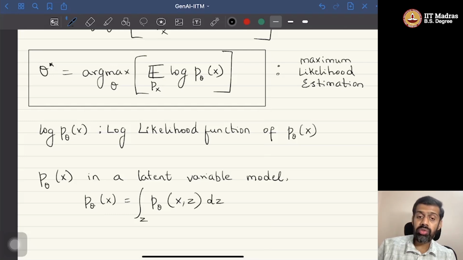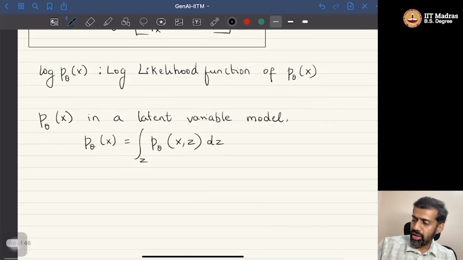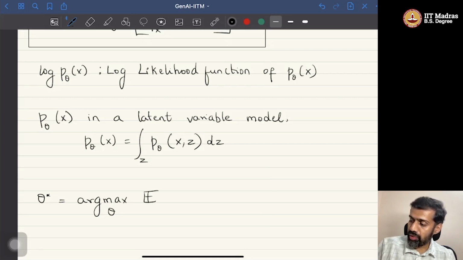We write the marginal on the data variable as the marginalized version of the joint distribution between the data and the latent variable. Now we want theta star to be that theta which would maximize the expected value of log of p theta of x with respect to px.